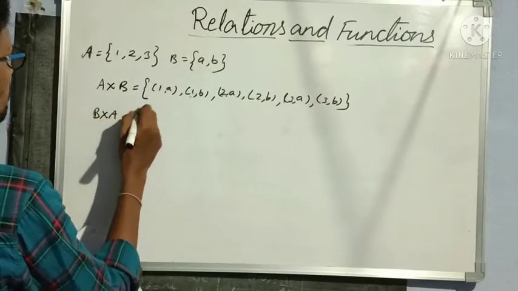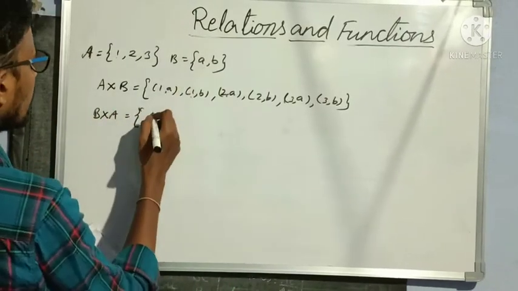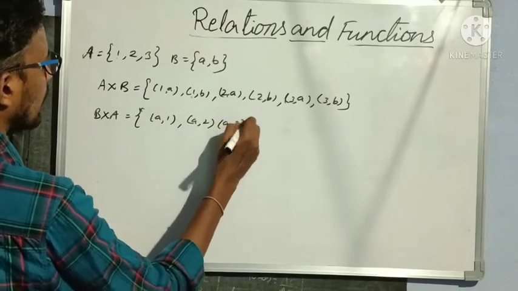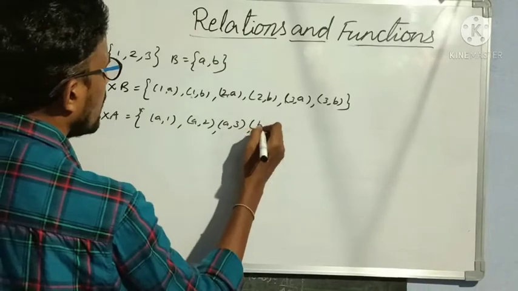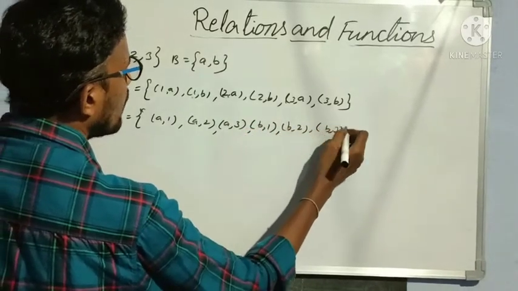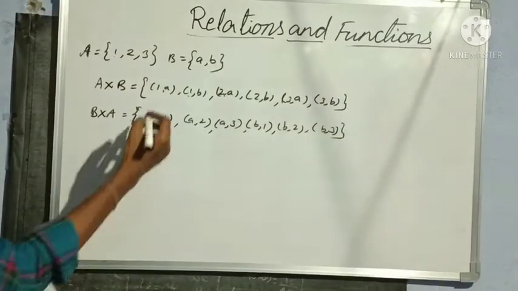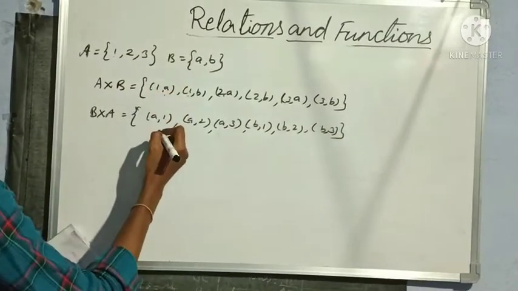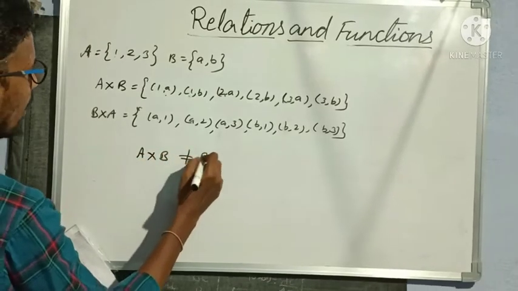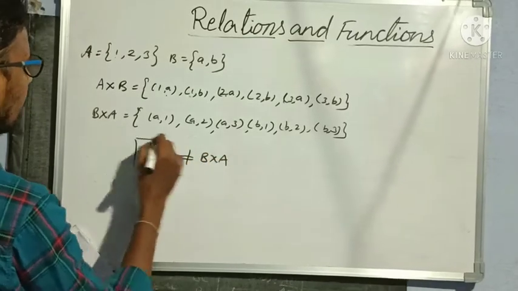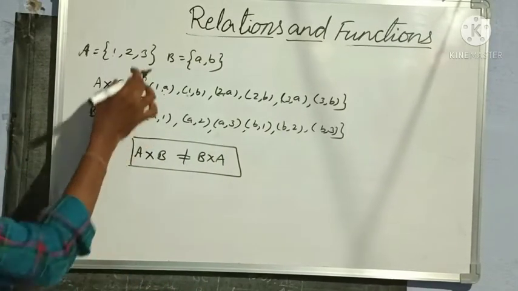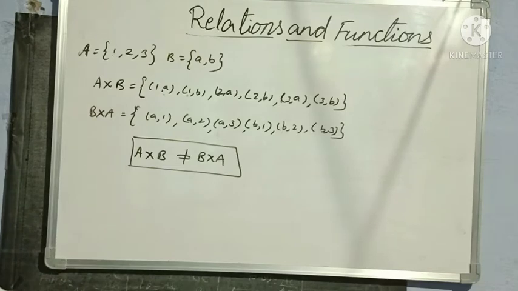B cross A means we should start from B here: A comma 1, A comma 2, A comma 3. In the same way, B comma 1, B comma 2, B comma 3. Already I have said 1 comma A is not equal to A comma 1. Therefore, A cross B is not equal to B cross A. Very important. Understood?